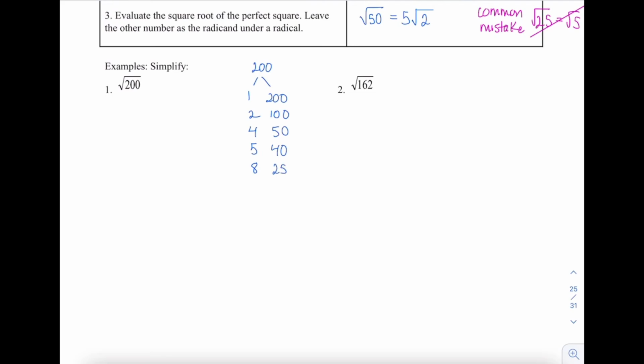Oh, 8, and then we probably have 10 and 20, and I think that's it. So in this list, we can see a number of perfect squares, right? 1, 100, 4, 25. Okay, but remember, we said we always want the largest perfect square. So the largest perfect square corresponds to these 2.